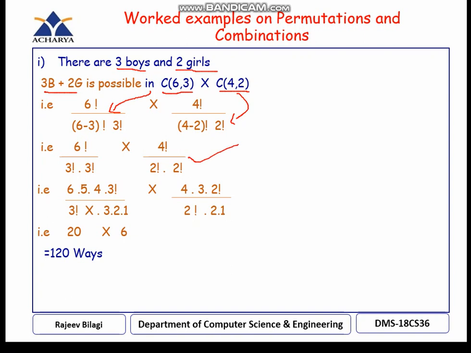So if you find this, 6 into 5 into 4 into 3 factorial divided by 3 factorial, these two get cancelled, and here this 2 factorial and this 2 factorial get cancelled, so 4 into 3. So you will get 20 into 6, which is 120 ways where the first option of three boys and two girls will be selected.